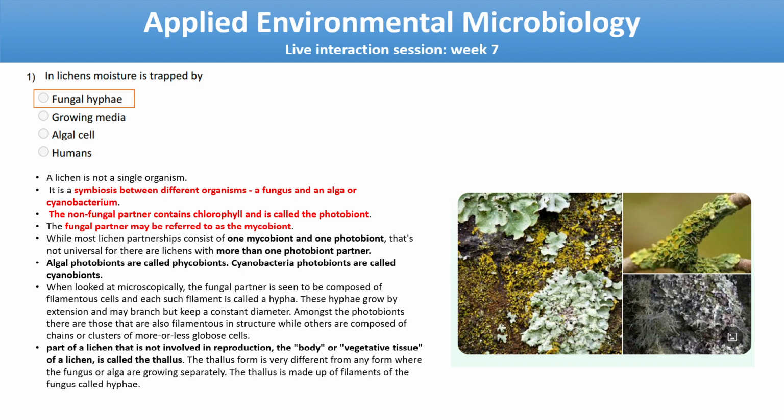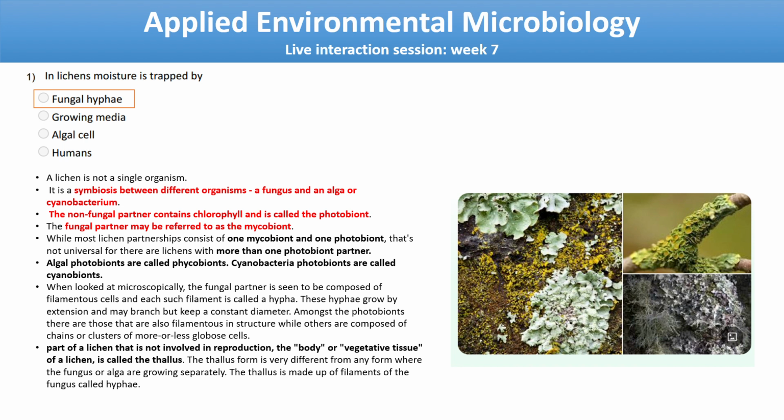Algal photobionts are called phycobionts, whereas cyanobacterial photobionts are called cyanobionts. If we look microscopically inside this lichen, we will see that the fungal partner is composed of filamental cells, and each of these filaments is known as hyphae.